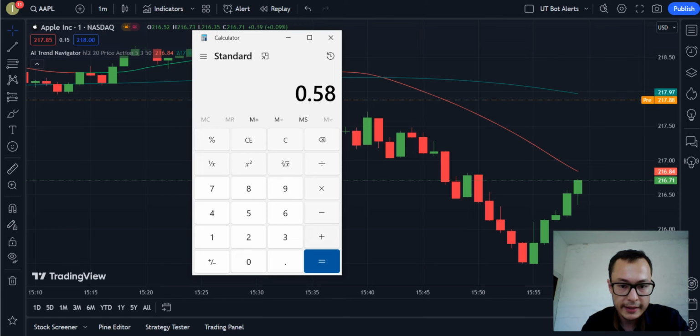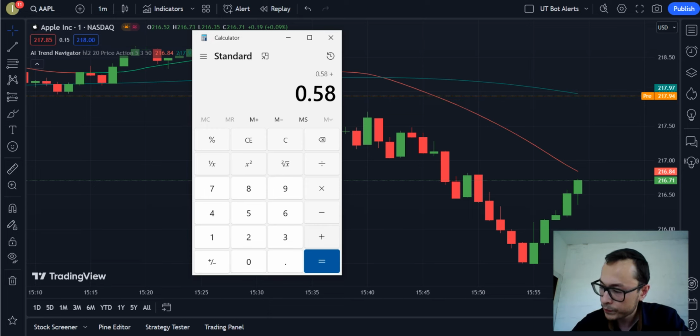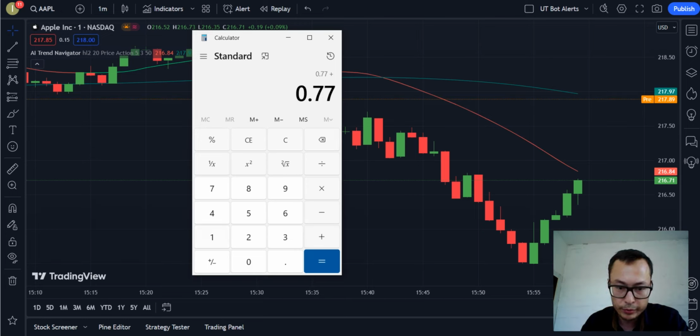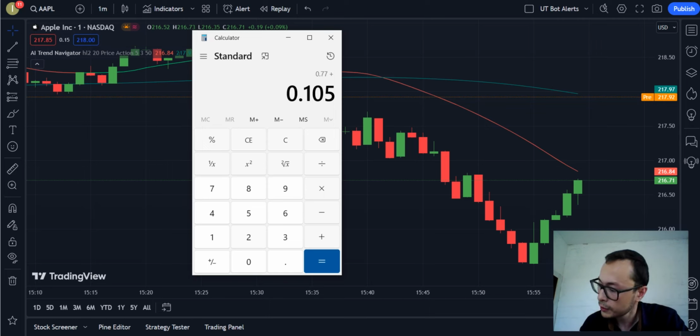And then the next time we sold the Apple stock, we sold it at a profit of 0.19%. And then the next time, we sold it at a profit of 0.105%.